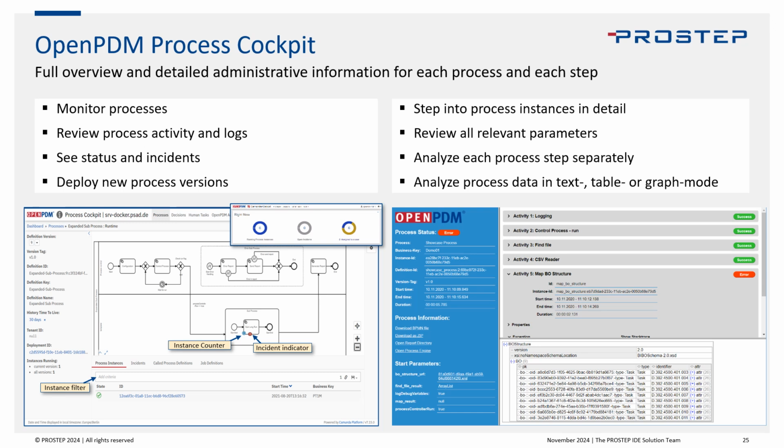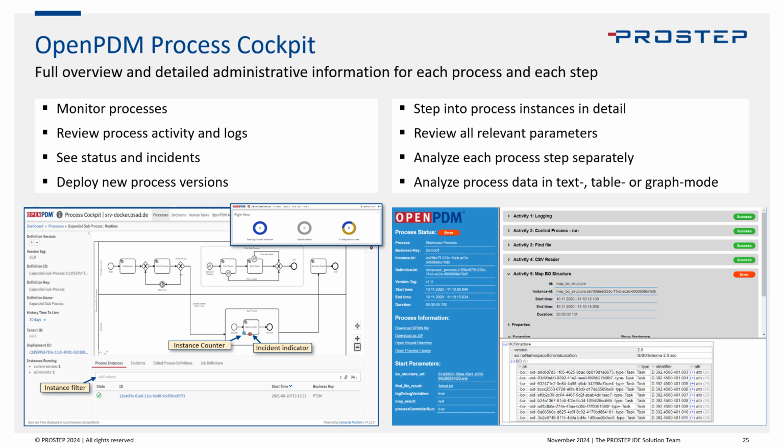OpenPDM has also a process cockpit so that you can monitor all these activities. It's very granular, so you can see each process, all the steps within the process, and then the intermediate transactional files and logs as well.